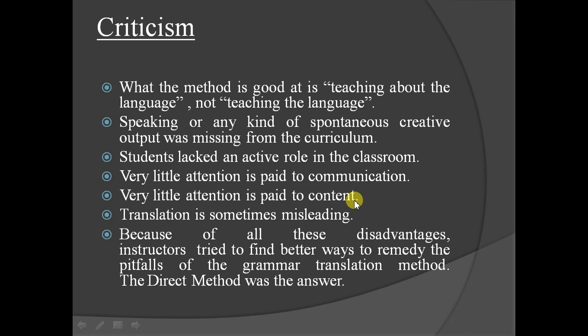As we said, emphasis is laid on the form and syntax rather than the content, because in translation, focus is laid on the form. Translation is sometimes misleading. Again, a very well-founded criticism, that in translation sometimes thoughts are not as properly translated or interpreted the way they are in the target language.